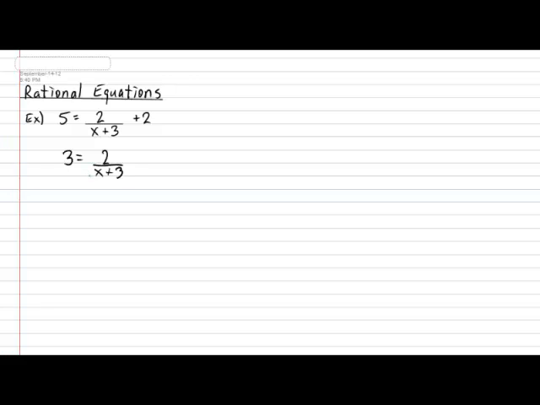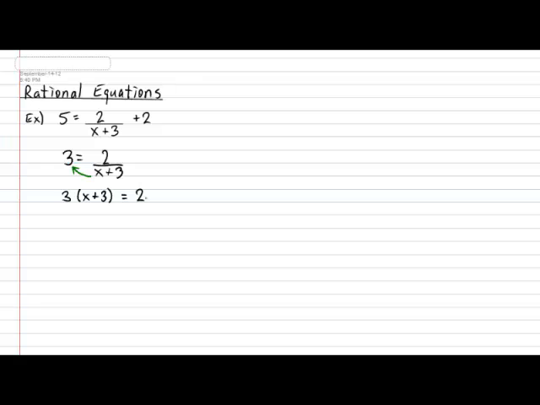We want to get the expression containing the x back into the numerator position by cross multiplying with the item on the other side of the equal sign. And that will give us 3 multiplied by x plus 3 is equal to 2. And now we have the expression containing the x back in the numerator position.